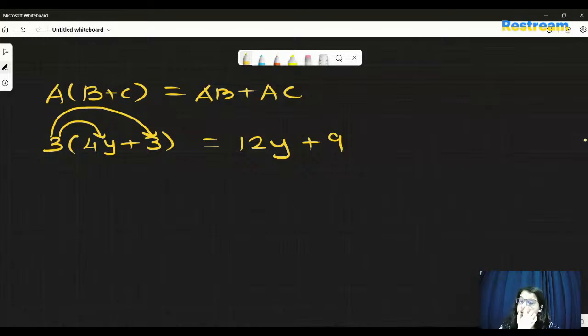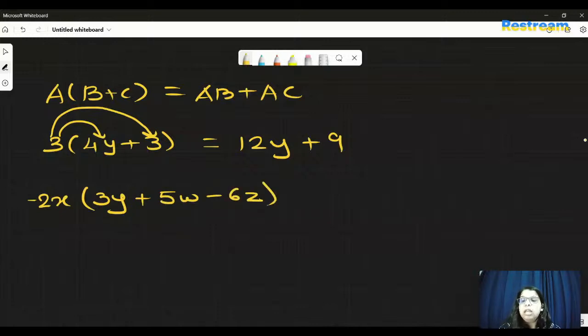Okay. What I mean is something like this. Let's say I have minus 2x into bracket 3y plus 5w minus 6z. Okay, now they will say open the bracket. Now I'm going into expansion a little bit, but this is the distributive law of mathematics that I want to show you. So it becomes minus 6xy.